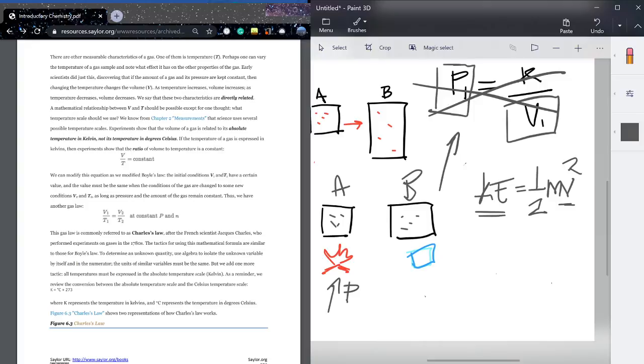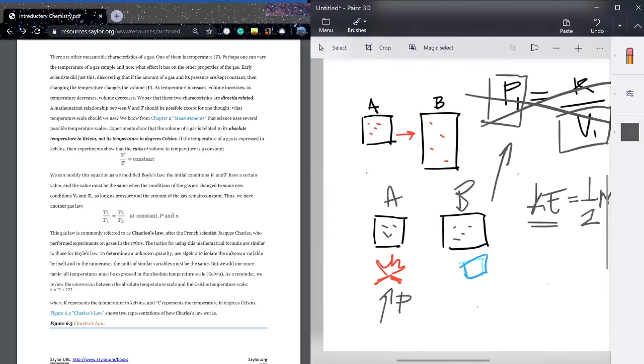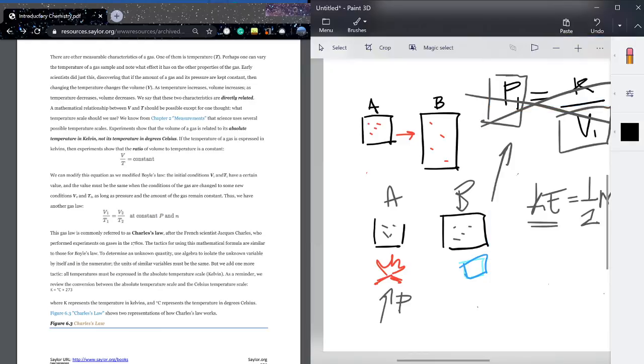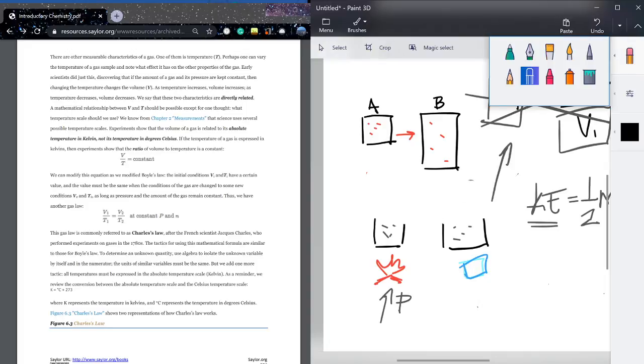So let's just use this depiction again. Let's say this is an expandable container, and it is able to expand based on how the gas expands.